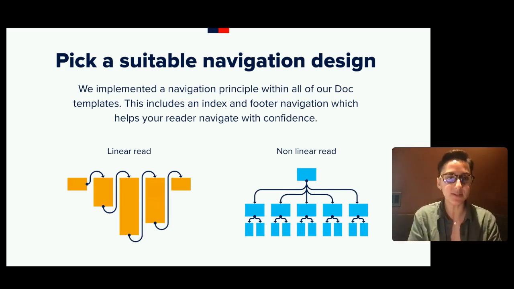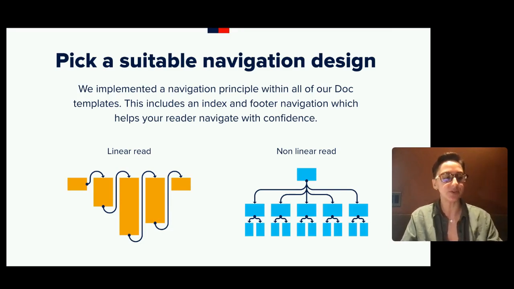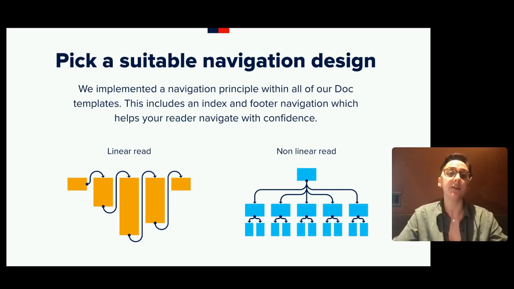So we roughly talk about these two navigation types to describe the way that we have influenced our own templates. So all you have to do is pick the right template to move that forward. This helps to direct the reader. And by taking that moment to ask yourself, how should my content be read and interacted with, and choosing that right path for your readers, it will make it a lot easier for your reader to then engage as well.